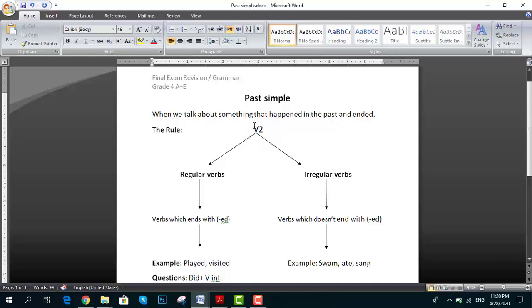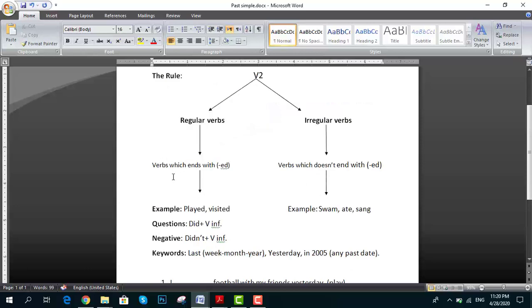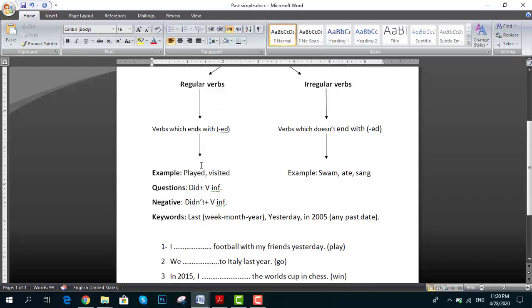We have the verb, which is either a regular verb or an irregular verb. Regular verbs end with ed. Irregular verbs don't end with ed. For example, regular verbs: played, visited. Irregular verbs: swam, ate, sang, etc.